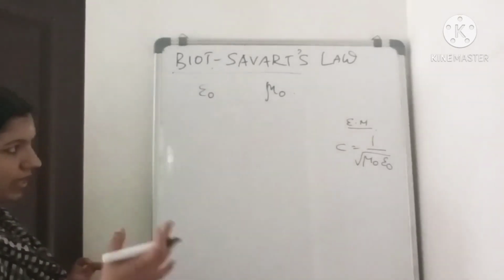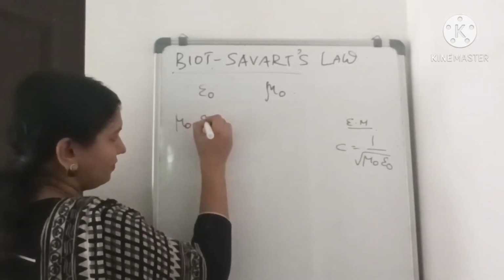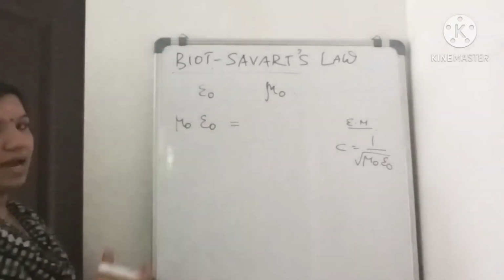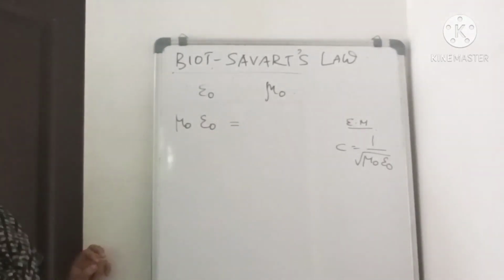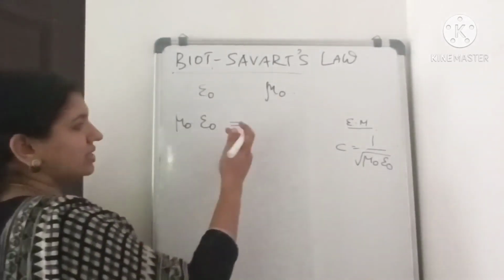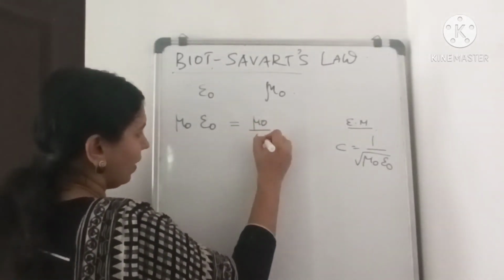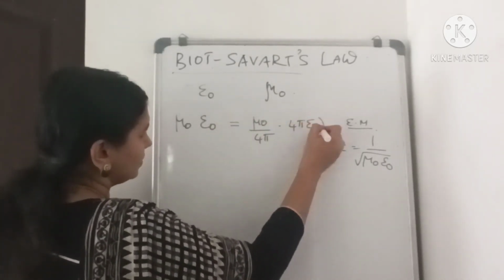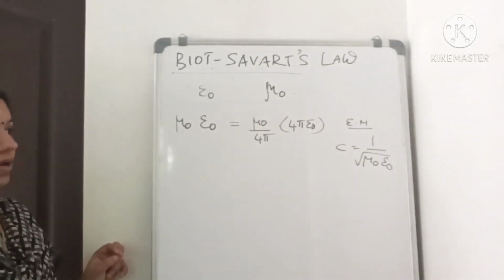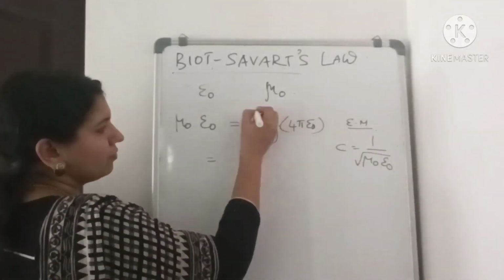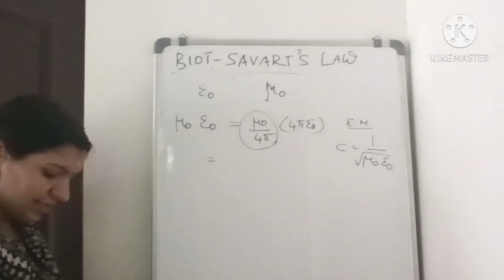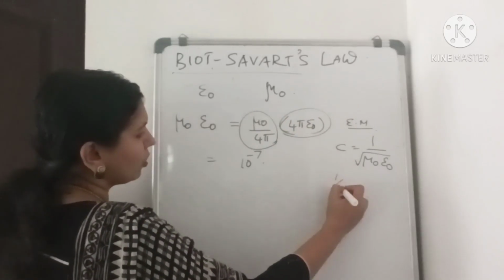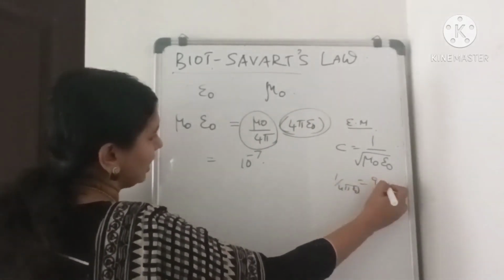So, first we have to write mu 0 into epsilon naught. Now, I am multiplying and dividing this value by 4 pi. So this will become mu 0 by 4 pi and epsilon 0 into 4 pi. Clear? Now, what is this? Mu 0 by 4 pi is 10 raised to minus 7. And 1 by 4 pi epsilon naught is 9 into 10 raised to 9.